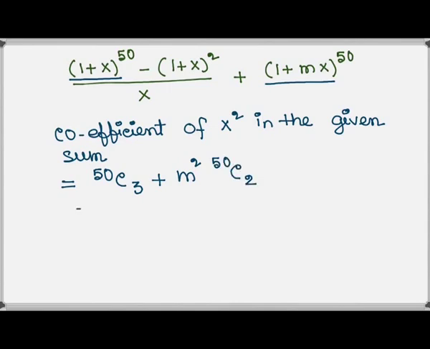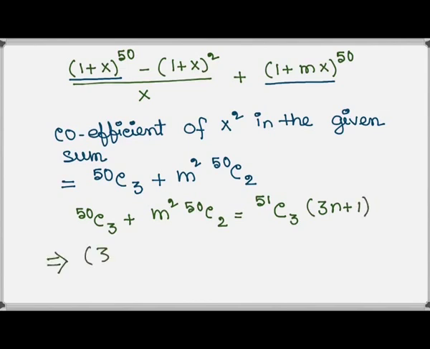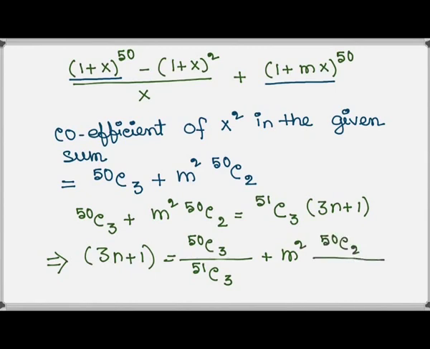Now this is given to be equal to 51 C3 into 3n plus 1. So, we get 3n plus 1 is equal to 50 C3 divided by 51 C3 plus m square into 50 C2 divided by 51 C3.